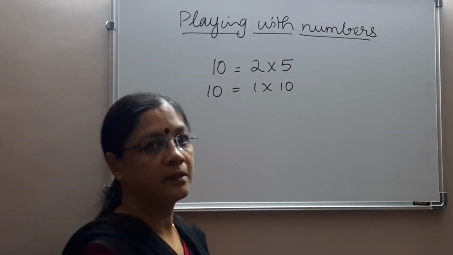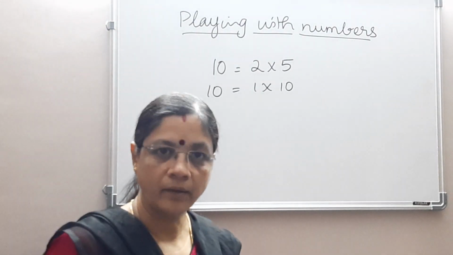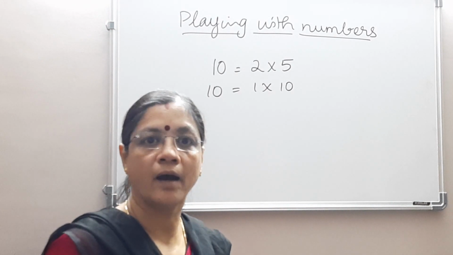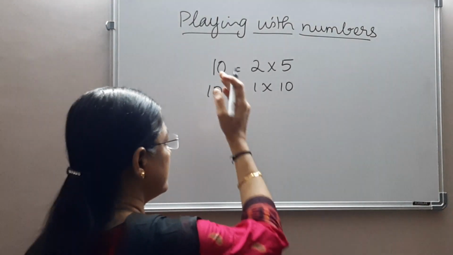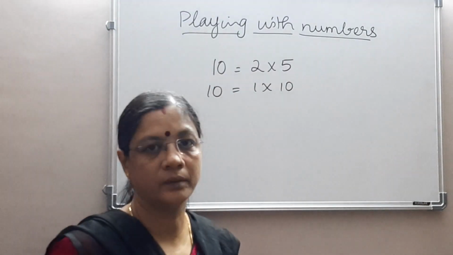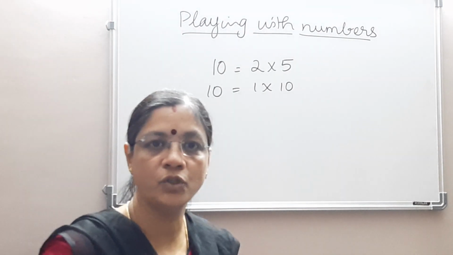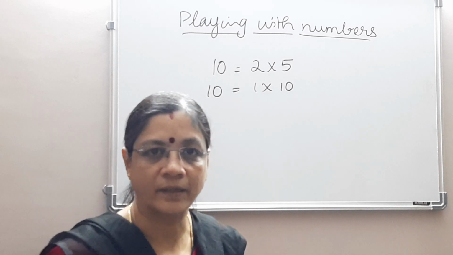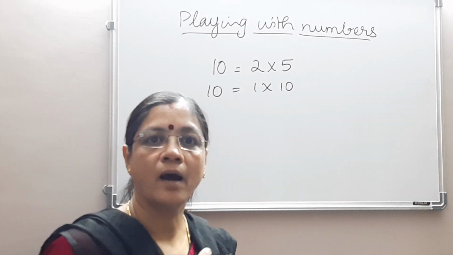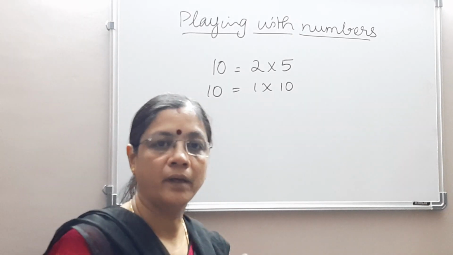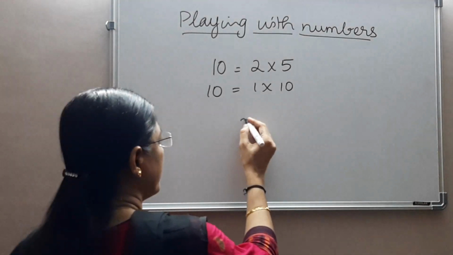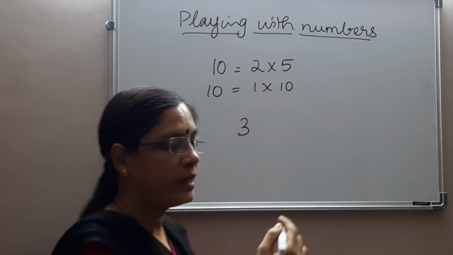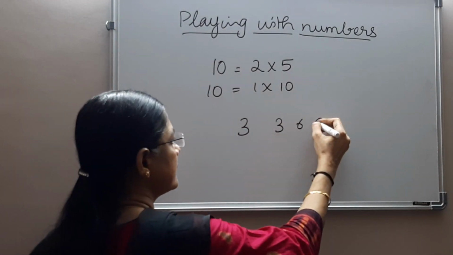And we have seen certain properties of factors and multiples: factors are numbers which divide a bigger number, that is, they make the bigger number into its fractions, so they are called factors. And multiples are, if I write 3, the multiples of 3 are 3, 6, 9, 12.